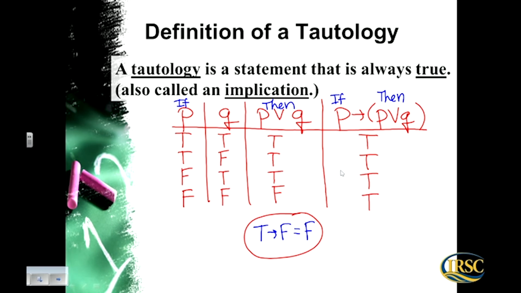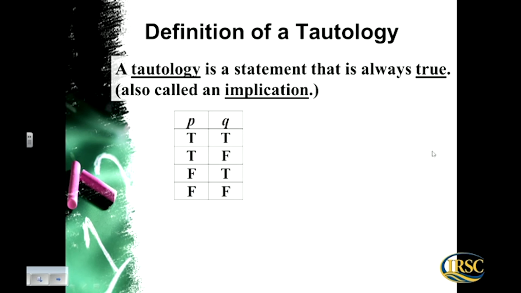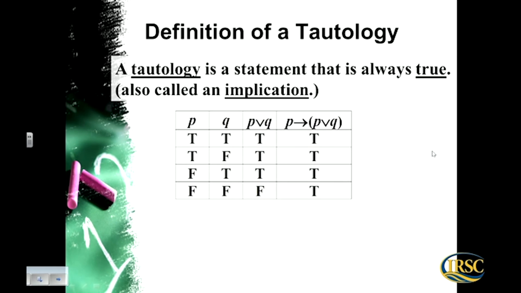Okay, so notice that our final column has all trues. When your final column has all trues, that's what tells you it's a tautology. So this one right here is a tautology because we have all trues.